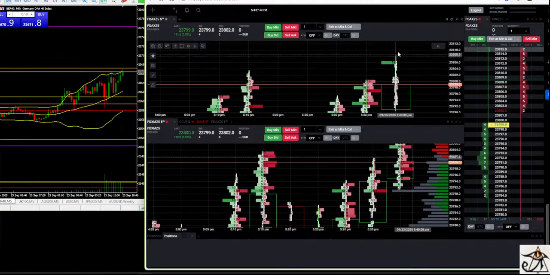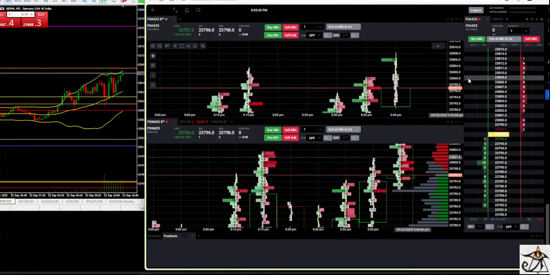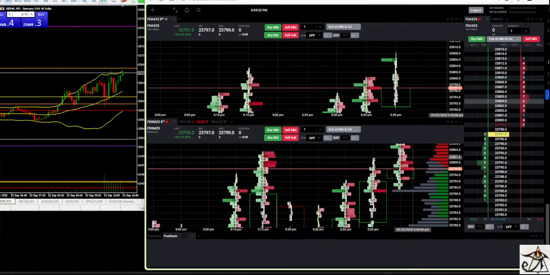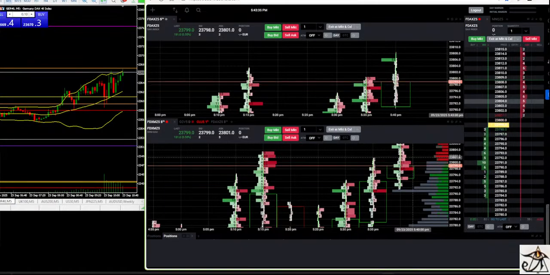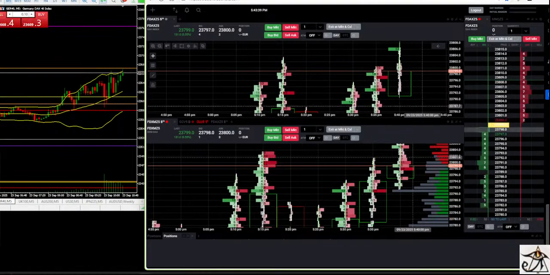If we break above this point and we get past this 53 sell, then I'm not confident at all that we're going to turn around. But for now, it's looking okay. I'll probably try and get my stops in at break even just in case, because I do feel like the market is starting to get a bit bullish. And the DAX might have that sort of blind bullish nature about it at some point, particularly as we head into Christmas.